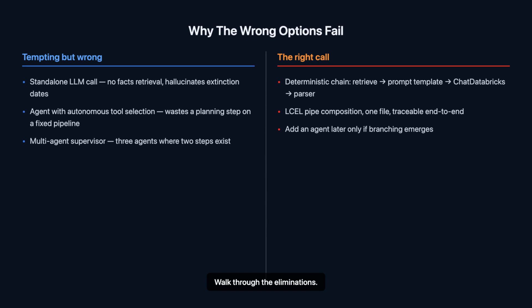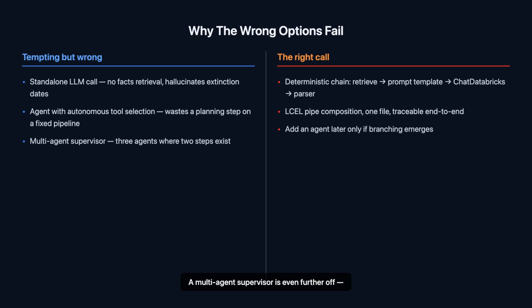Walk through the eliminations. A standalone LLM call drops out immediately, without retrieval. The model invents extinction dates, which is exactly the failure mode we hit in episode 4. An agent with autonomous tool selection sounds appealing, but it wastes a planning step on a pipeline whose order is already fixed. A multi-agent supervisor is even further off.